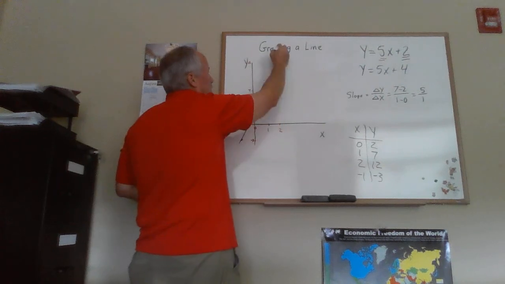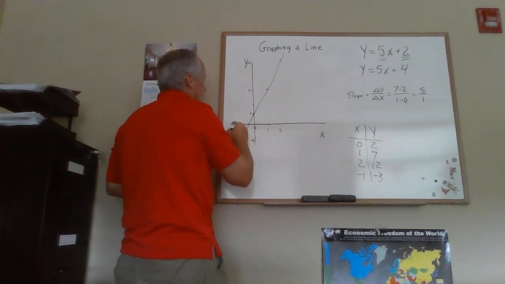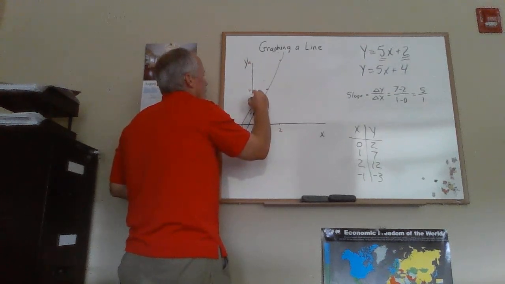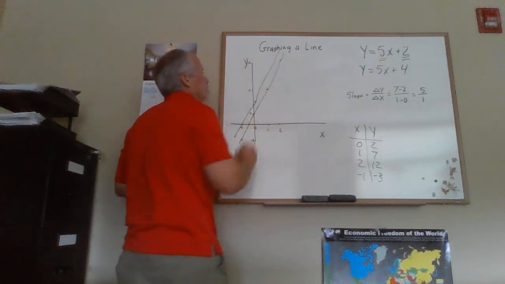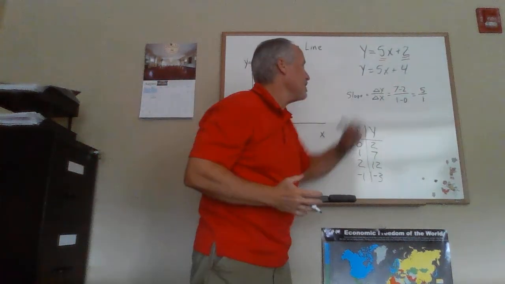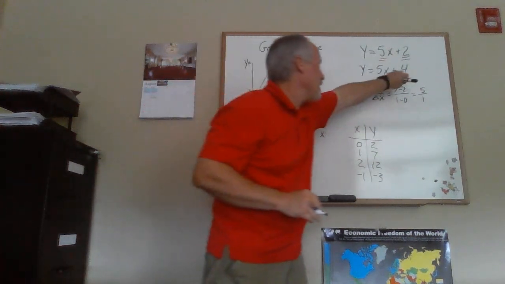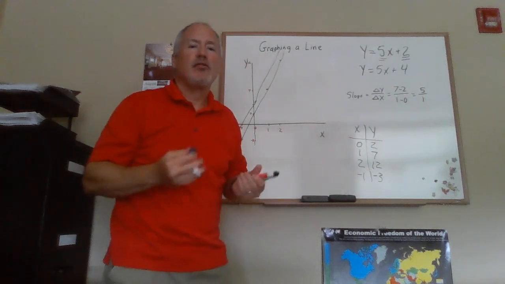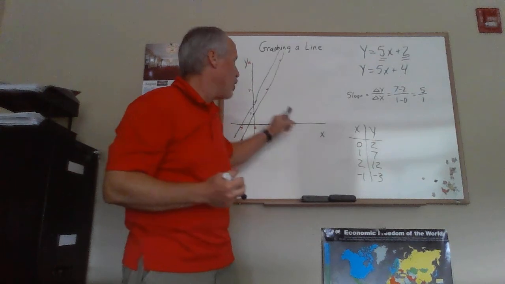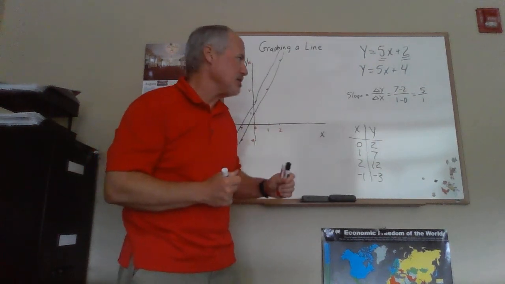And at 2, instead of getting 12, we get 14. We would have shifted this line up by exactly 2, by changing the value of the constant term from 2 to 4. So that allows us to see what happens as we change the y-intercept of a line.